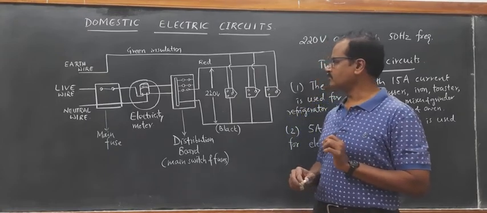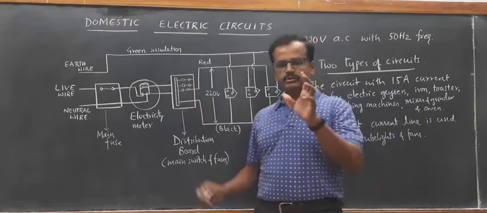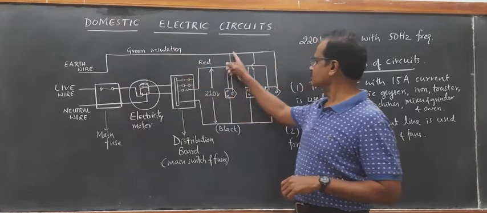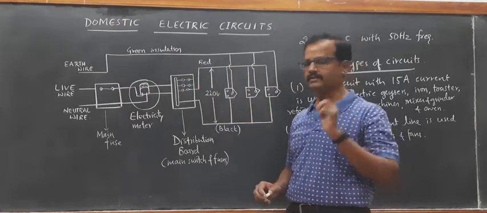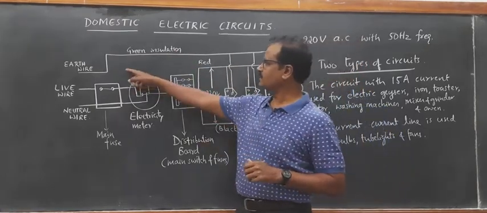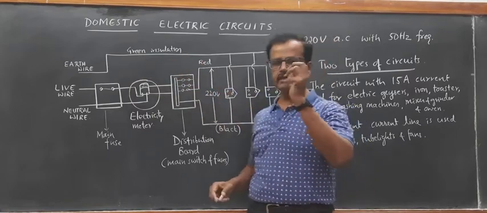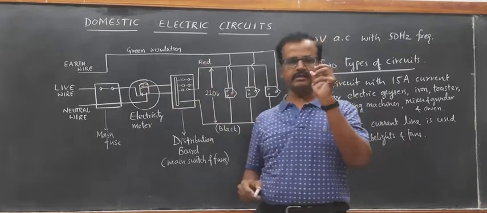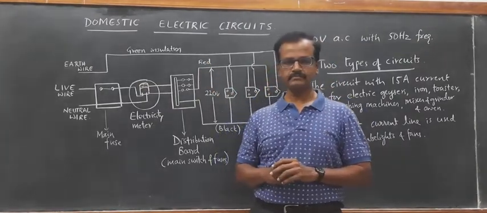Now there are two things to be observed here. One is the earth wire. What is the use of the earth wire? This is very, very important. The earth wire, used with green insulation, is a very good thick conducting wire.